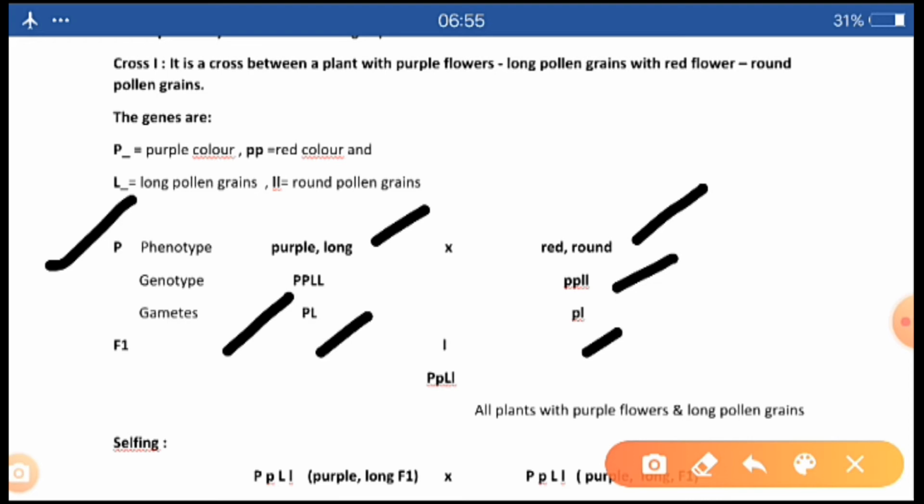These are the gametes. It is the F1 generation. All the plants are purple flowered due to the presence of capital P and have long pollen grains due to the presence of capital L.